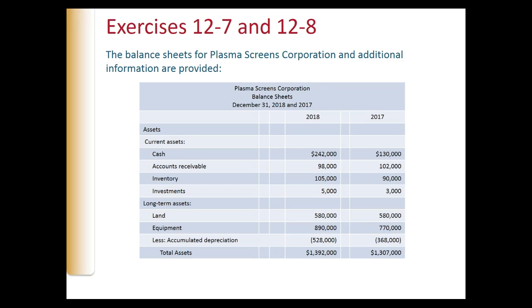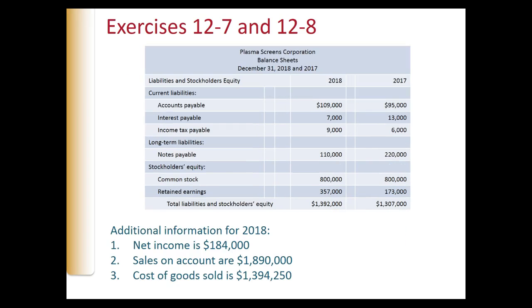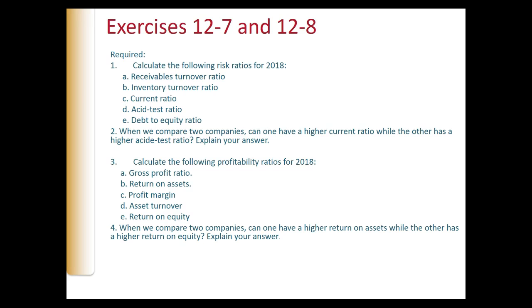Let's look at exercises 12.7 and 12.8. So we've got the various information for Plaza Screens Corporation. We also have here information that the net income is $184,000, sales on account are $1,890,000, and cost of goods sold is $1,394,250.